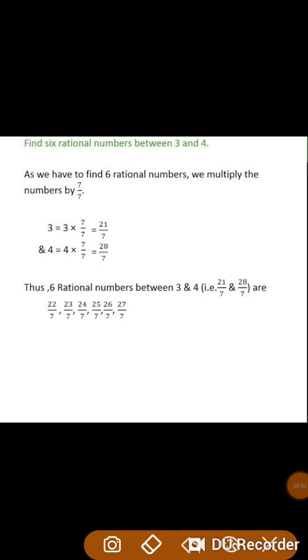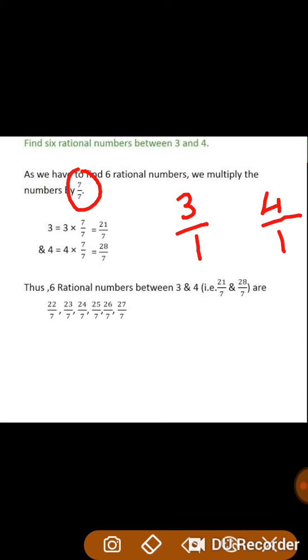Now children, let us explore this in detail. Let us find 6 rational numbers between 3 and 4. Now both the rational numbers 3 and 4 can be written as 3 by 1 and 4 by 1. So as we have to find 6 rational numbers, we multiply the numbers by 7 by 7.